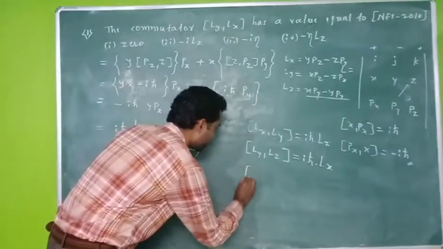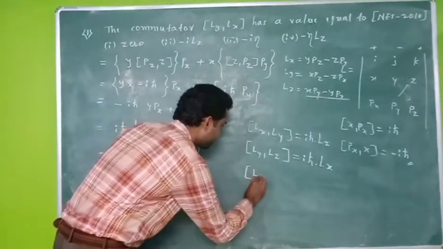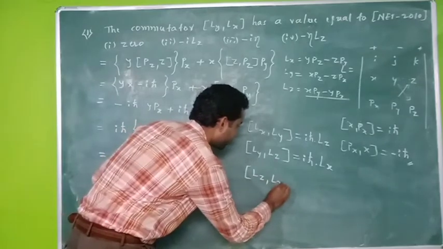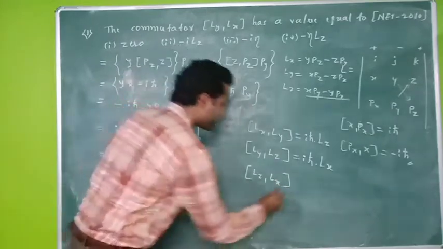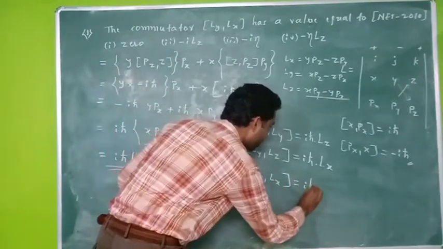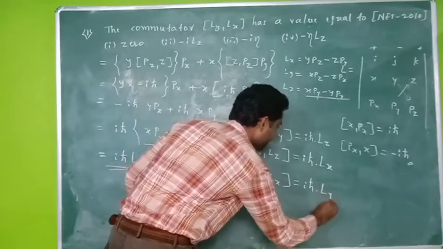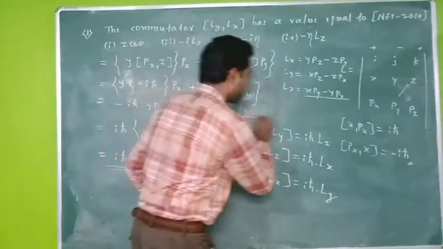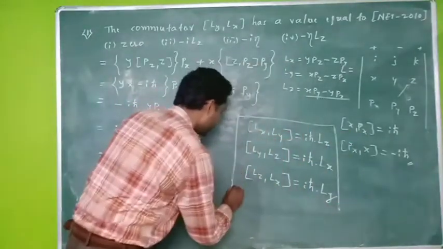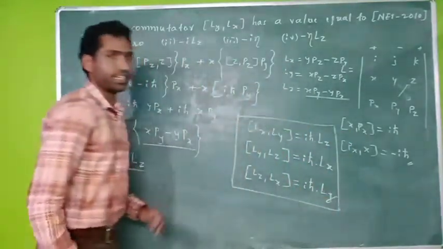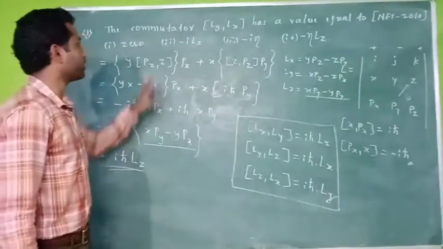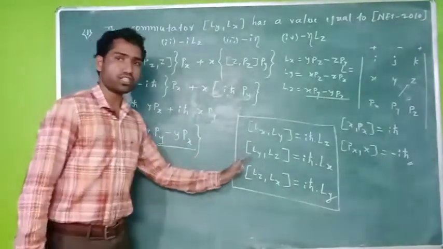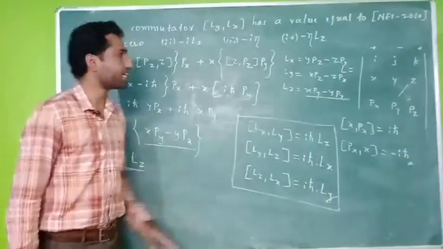So this is one more generalization: lz and lx commutator is equal to i h bar into ly, right. So these three generalizations you can memorize while solving the problems, right. So now let us solve this problem. By making use of these generalizations, we can solve this problem.